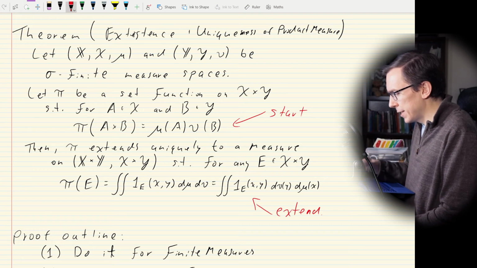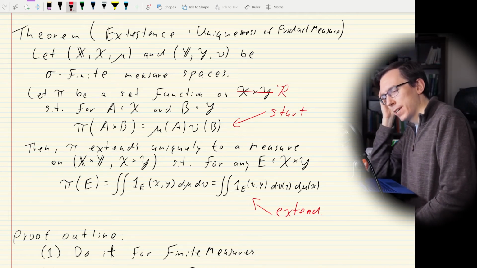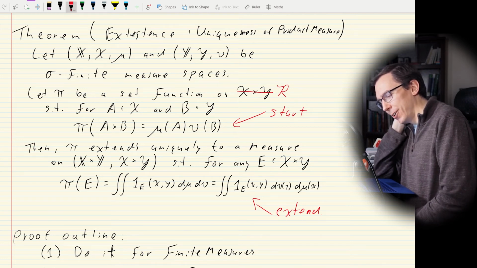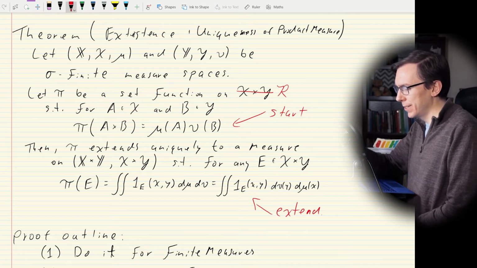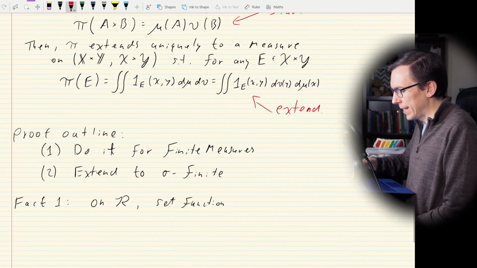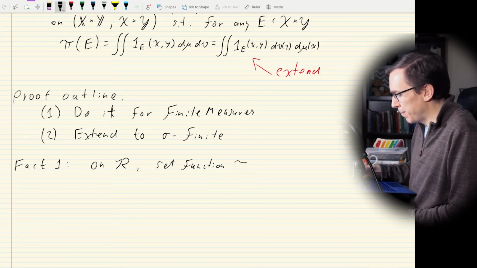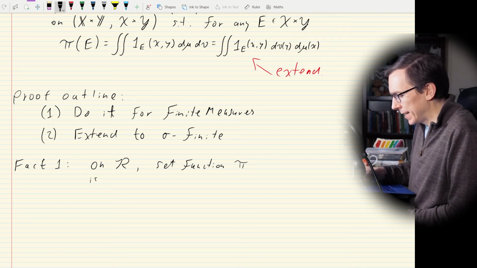In the notes I said it on this, but the set function is really on the rectangles R. It's not really a set function on the entire product sigma field. It's a set function on the rectangles that gets extended to the product sigma field. So let's cross that out and do that. The point is that on R, the set function pi, as defined in the theorem, is countably additive.